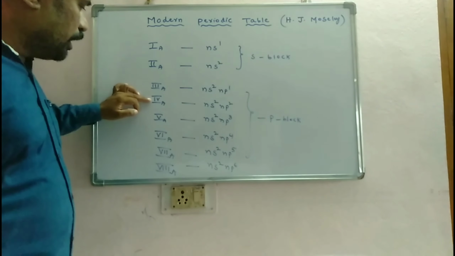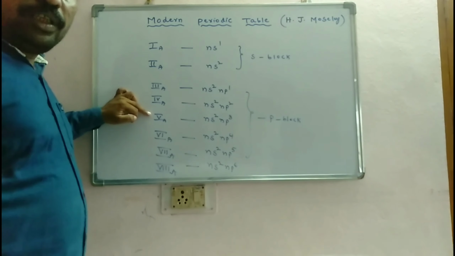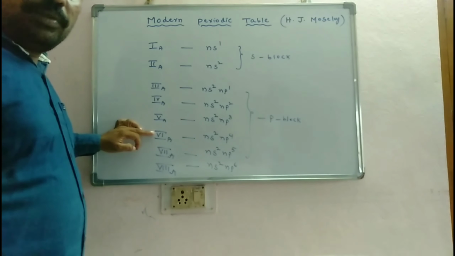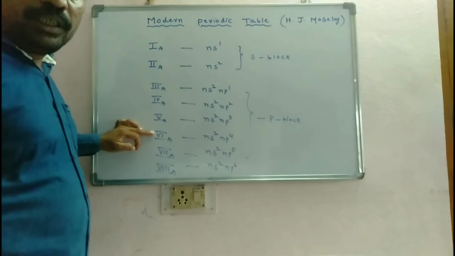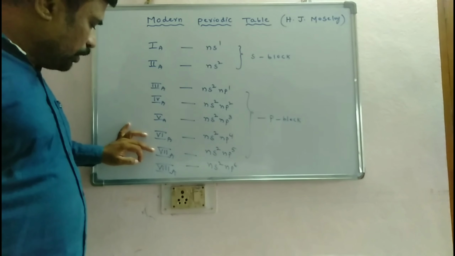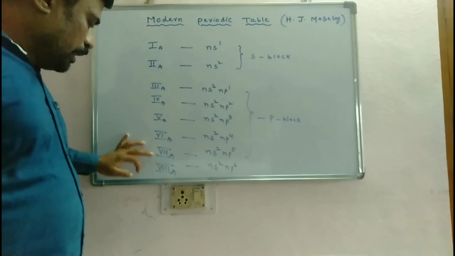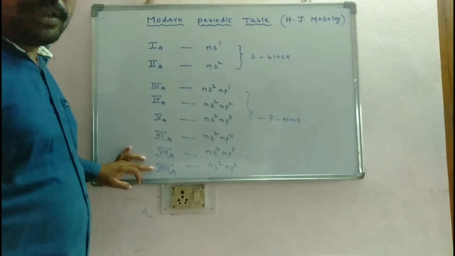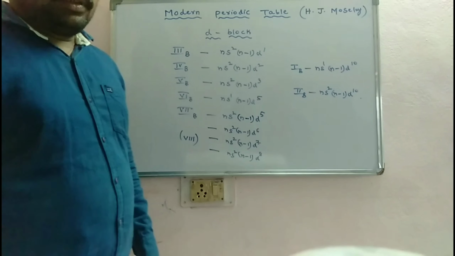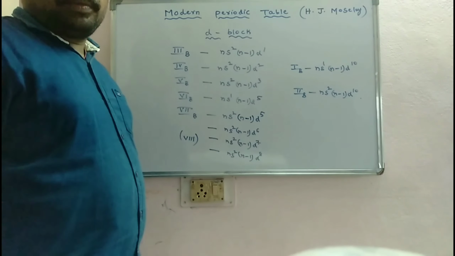And 4A group elements are called carbon family. 5A group elements are called nitrogen family. 6A group elements are called oxygen family, or also chalcogen family. 7A group elements are called halogen family, and 8A group elements, we know it already, are called noble gas family.